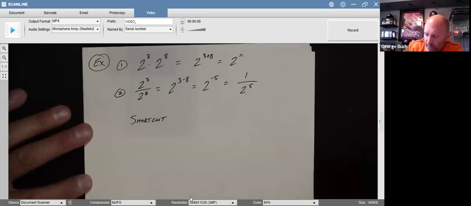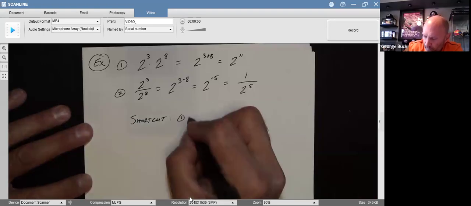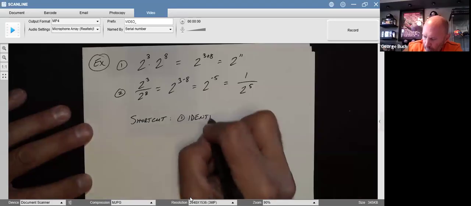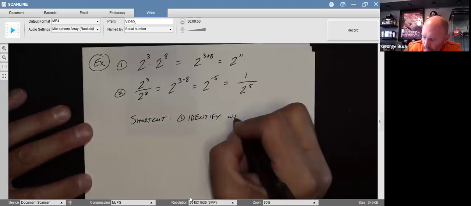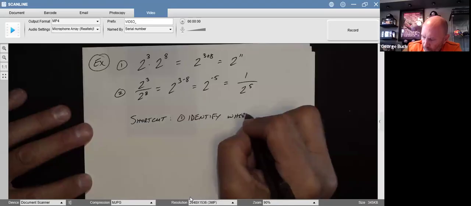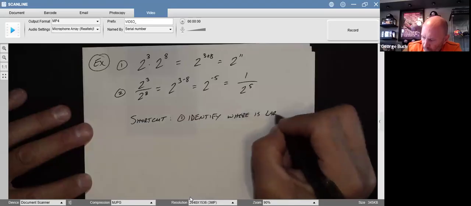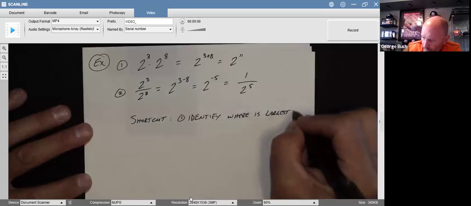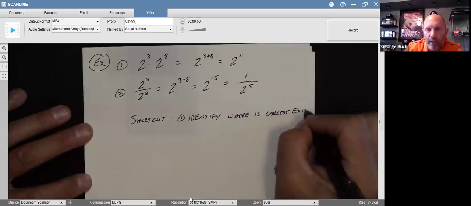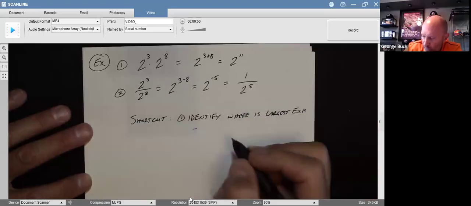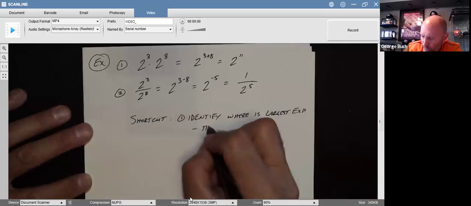So when we're simplifying these, the first thing we want to do is identify where is the largest exponent. And based on that, that's where the number or variable ends up.